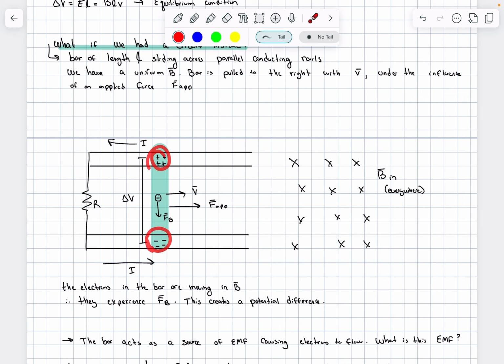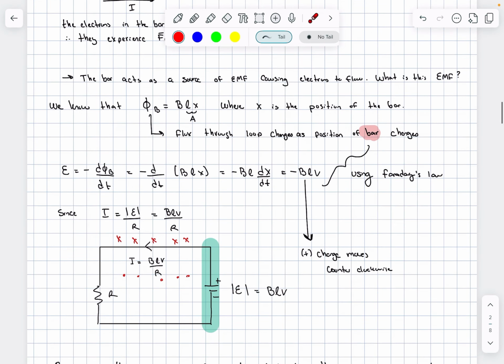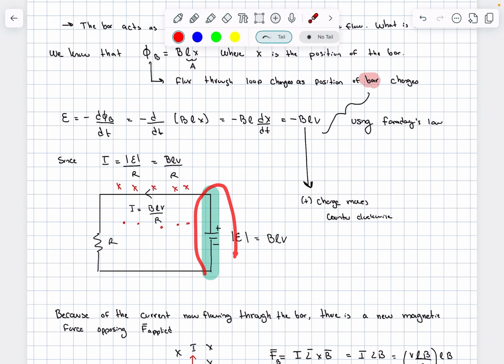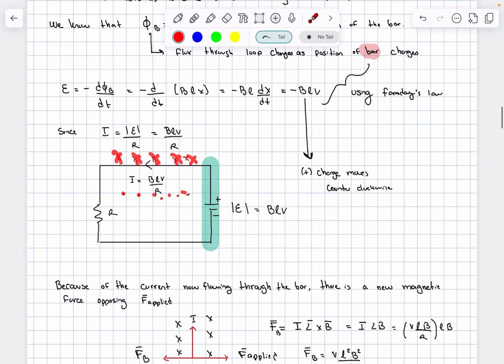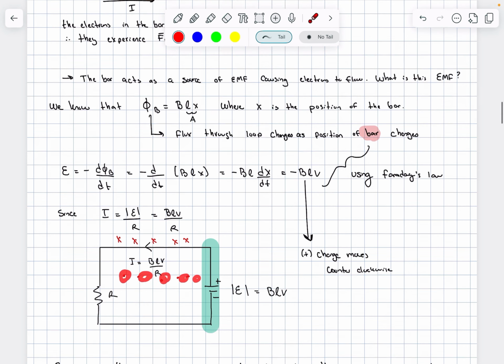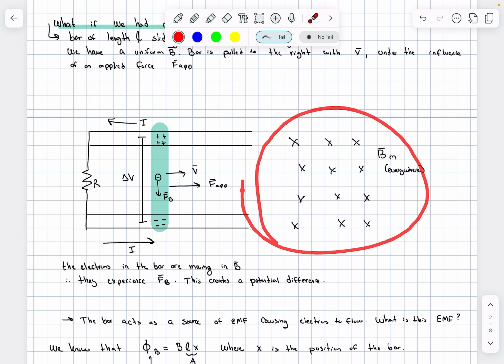Because we have this pile up, we can essentially say that this is acting like an EMF because of this change in flux here. So we have this EMF, and this is then going to give us a current that's going through the circuit, and then this current is going to induce another magnetic field here that's going to be a little bit different, because here it's going to be pointing out of the page as compared to the original one that's pointing into the page.